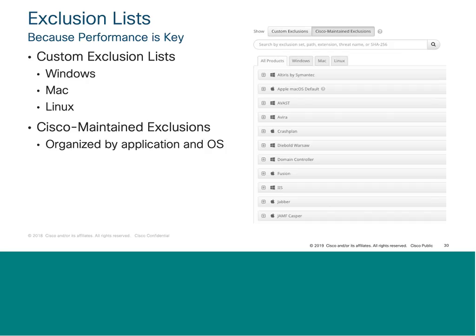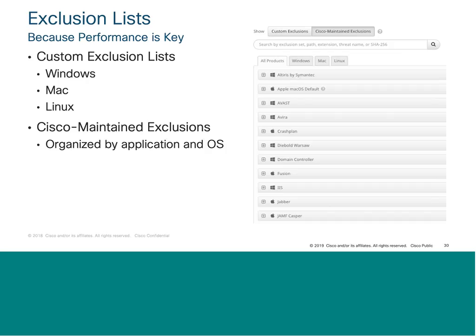Now we have all of those lists built straight into the console. This is quick and easy for customers to access. They can go in. If they have known applications, they can simply select those exclusion lists and add them to their policy. It's clean, it's simple, and we will continually update those maintained exclusion lists.